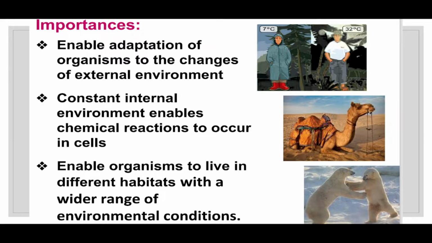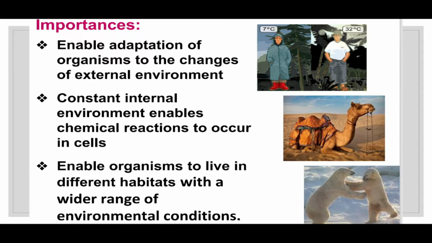It is the process to maintain conditions when our body exchanges with the environment, or for animals who live in extreme environments such as deserts and glaciers. The importance is that it enables adaptation of the organism to changes of the external environment.